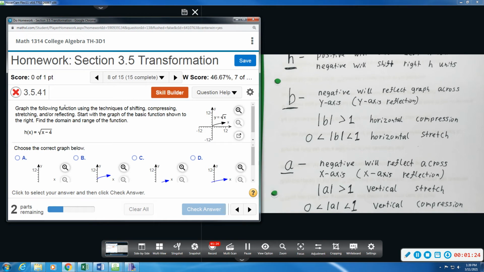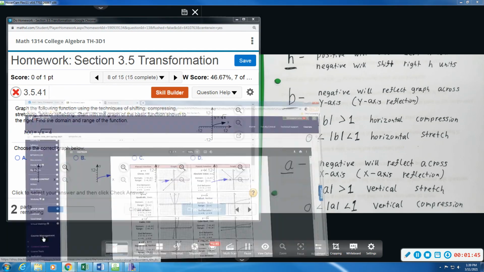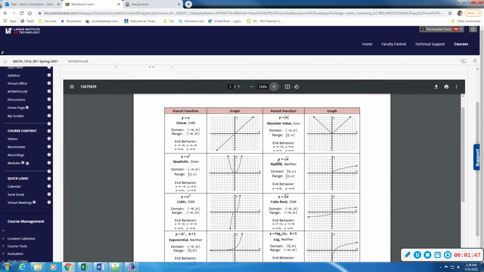Okay, so number 8, we want to graph the function. We're going to use the techniques of shifting, compressing, stretching, and/or reflecting. We're going to start with the basic graph of the function shown to the right, and then we're going to find the domain and the range of the function. So in the parent functions, if I go to that one, we have this radical function.